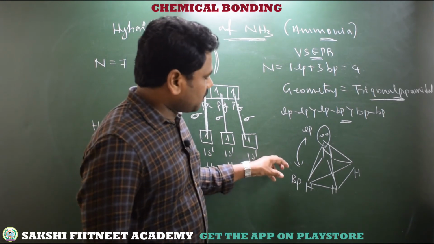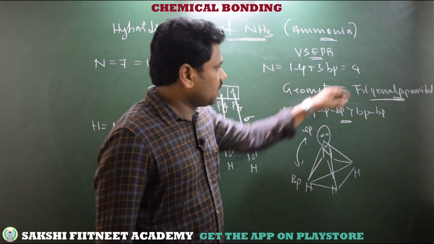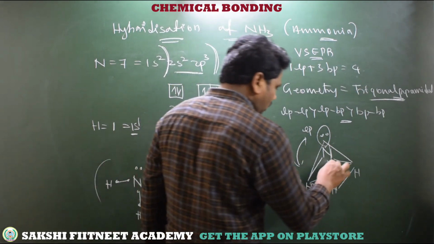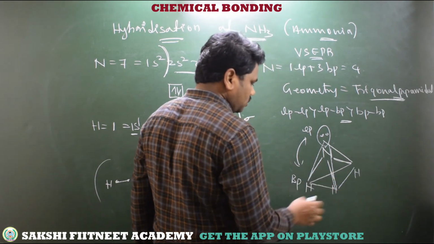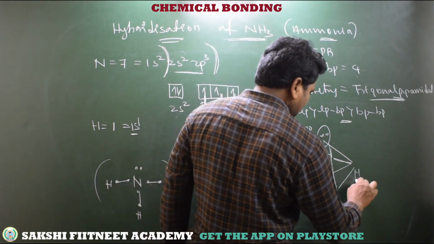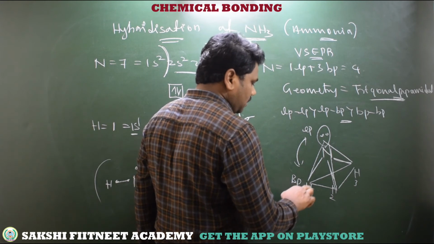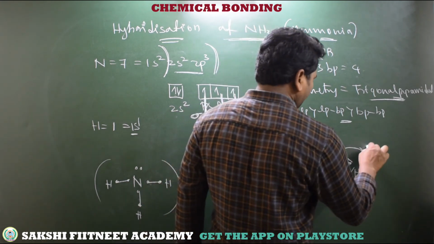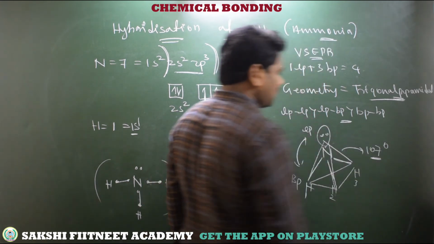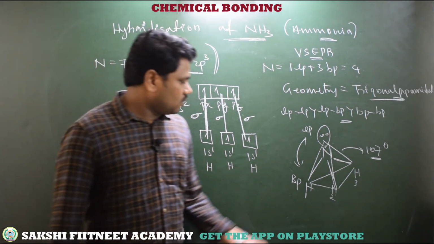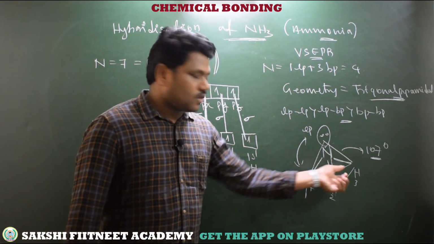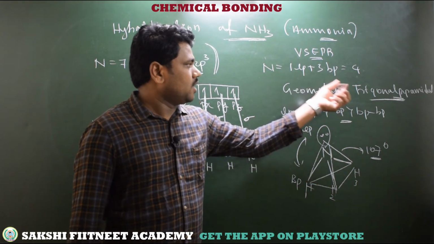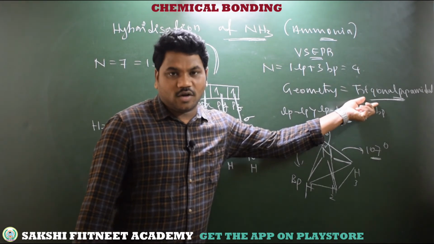To avoid those repulsions, this molecule arranges in trigonal pyramidal geometry. When we take the bond angle between any two hydrogens, for example H1, H2, and H3, between H1 H3 or H3 H2 or H1 H2, we get 107 degrees. Here we have three nitrogen to hydrogen covalent bonds. With a lone pair and three bond pairs, it becomes trigonal pyramidal.